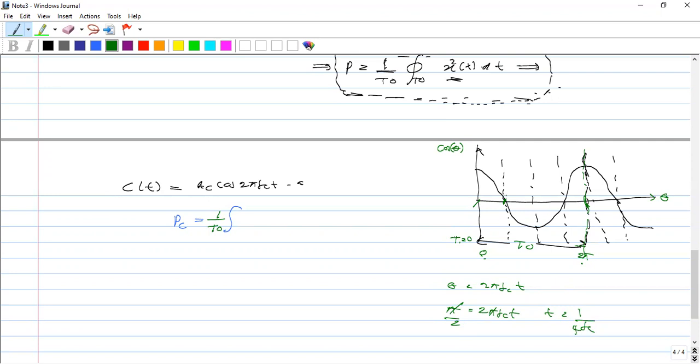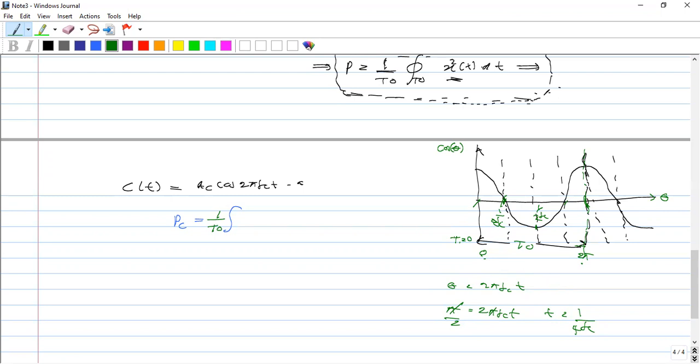So this value we get is 1 by 4 fc, and this is 1 by fc. This is 1 by 2 fc. Likewise, you will get it. I think we wrote this waveform in our first tutorial, so now you can write this kind of wave.